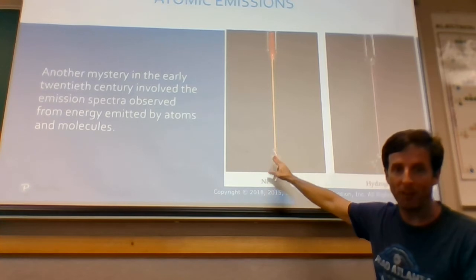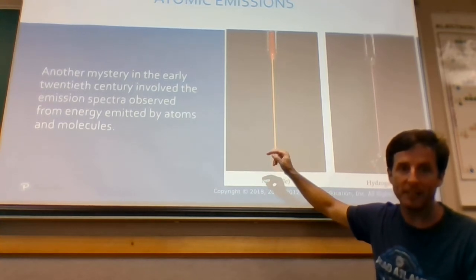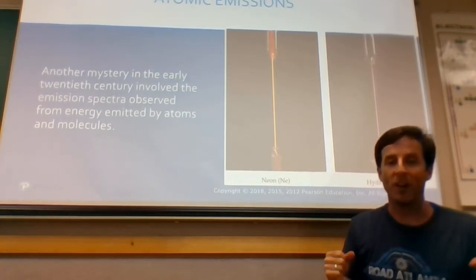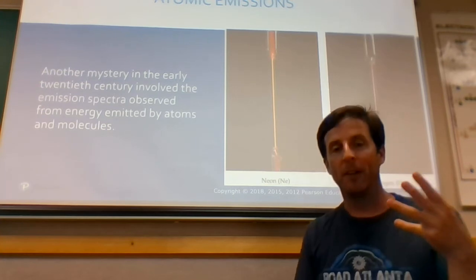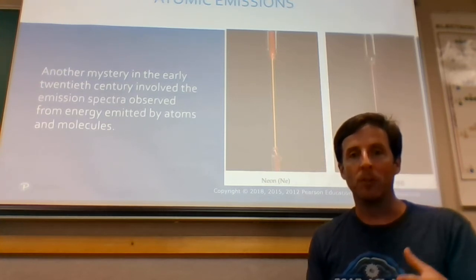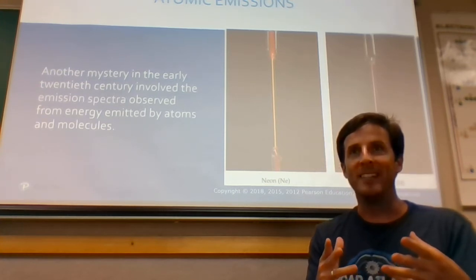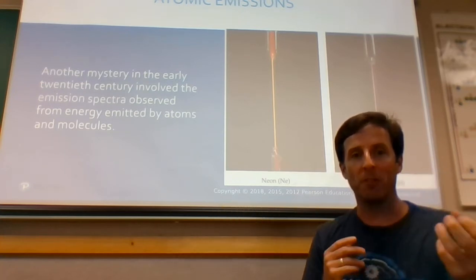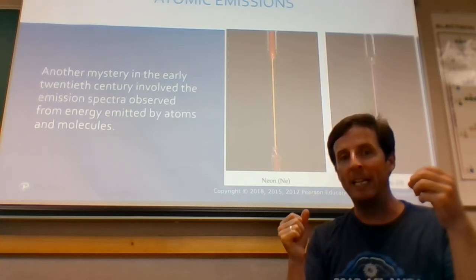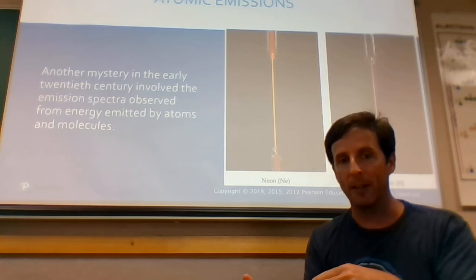Okay, so if I have a light bulb filled up with neon gas, once we turn that light bulb on, it's very remarkable that we get different colors and different wavelengths from each source of light that we look at.